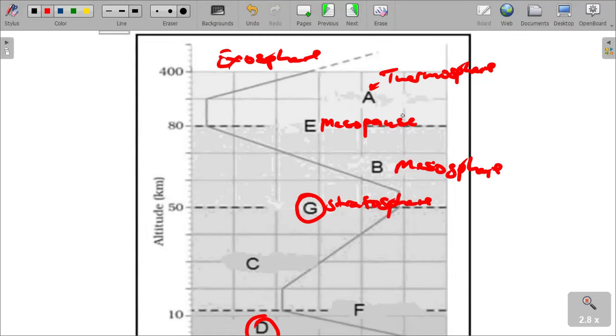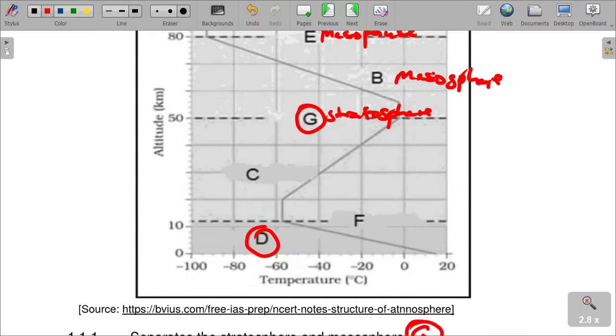Then we have the zone which is below the stratosphere, which is the stratopause. G is the stratopause, and then we are saying that below it is the stratosphere.